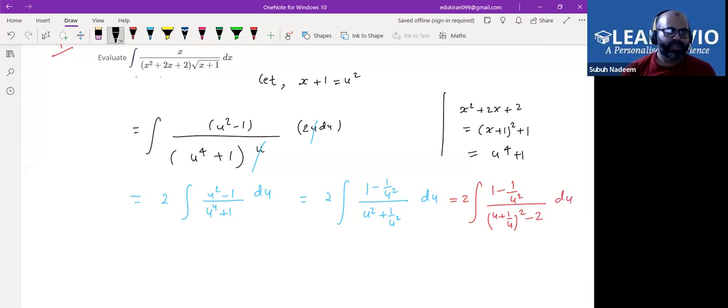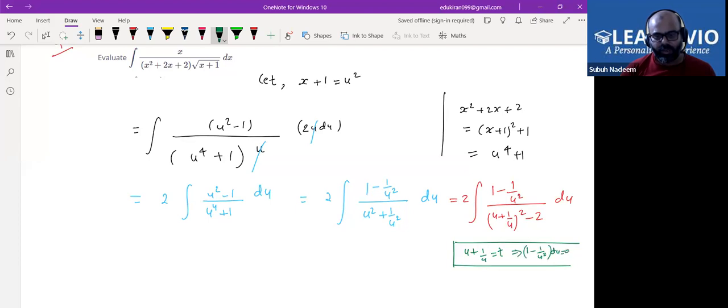Now one interesting thing which is happening here is that if you let u plus 1 by u is equal to t, then 1 minus 1 by u square du will be equal to dt. So this will be equal to 2 times 1 minus 1 by u square du will be dt, and u plus 1 by u is t.